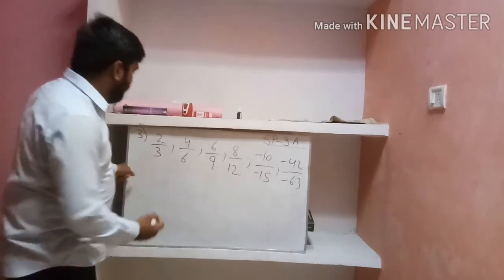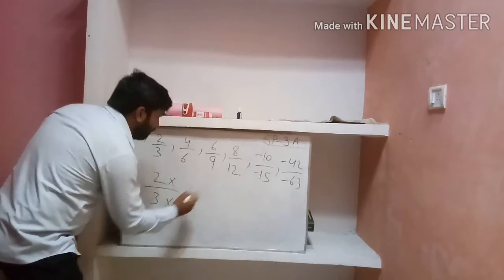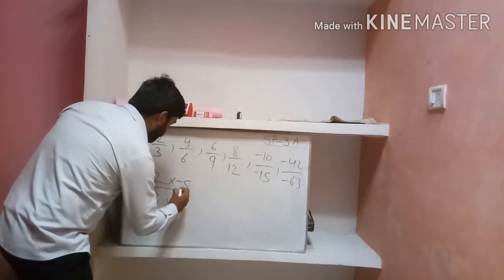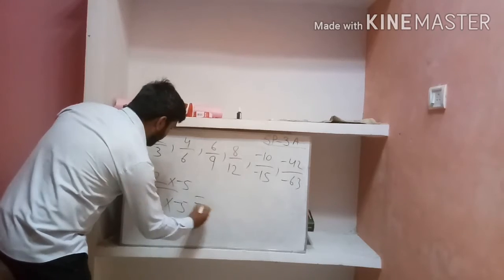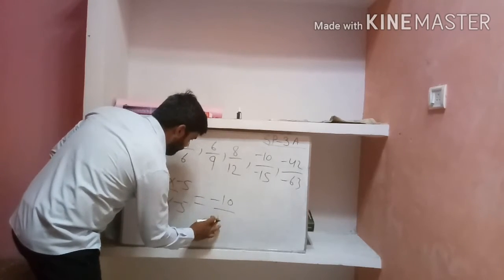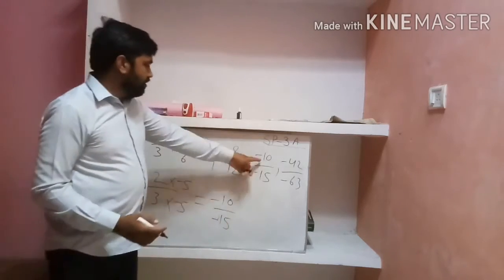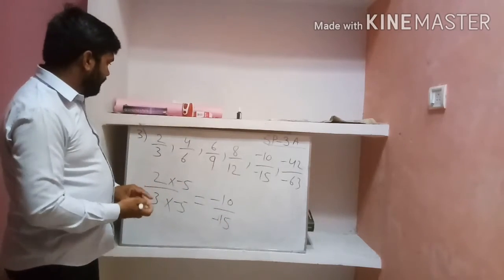Similarly, when you multiply 2 by 3, see what you are multiplying: minus 5 in the numerator and also minus 5 in the denominator. What are you getting? Minus 10 upon minus 15. See, minus 10 by minus 15 is also an equivalent rational number.